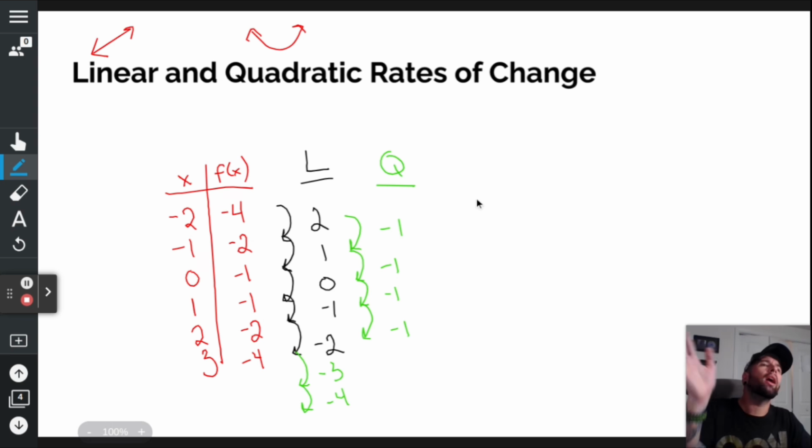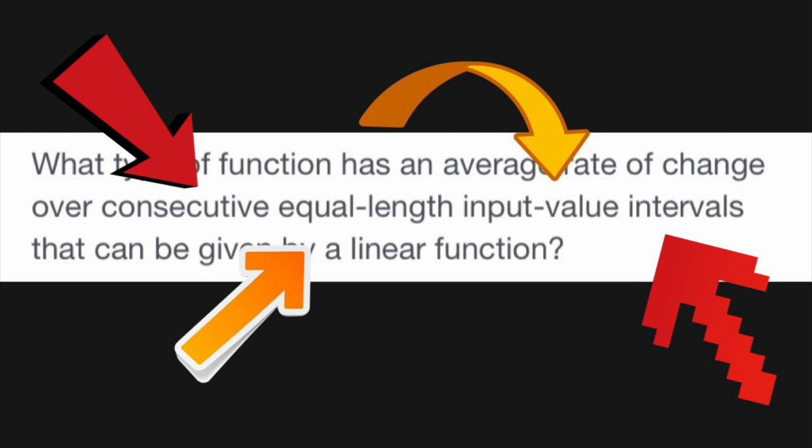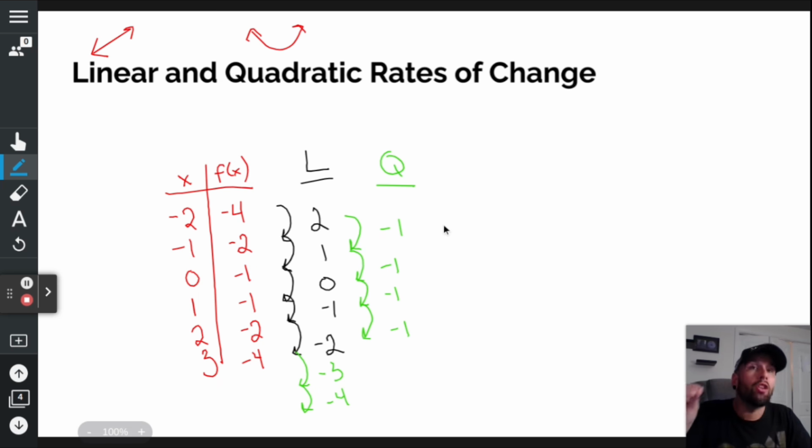And the way you would see that on an AP exam is, which of these statements is true? And the solution would be, this is quadratic because the consecutive equal interval input values of the rate of change of the rate of change. So here's your regular rate of change.